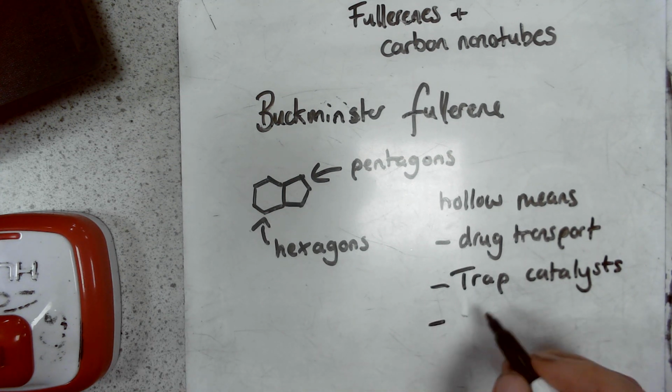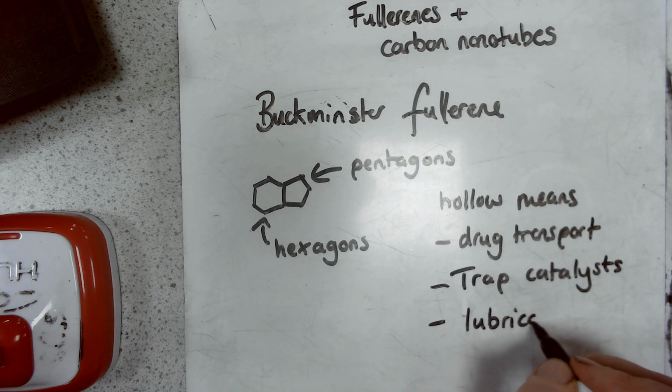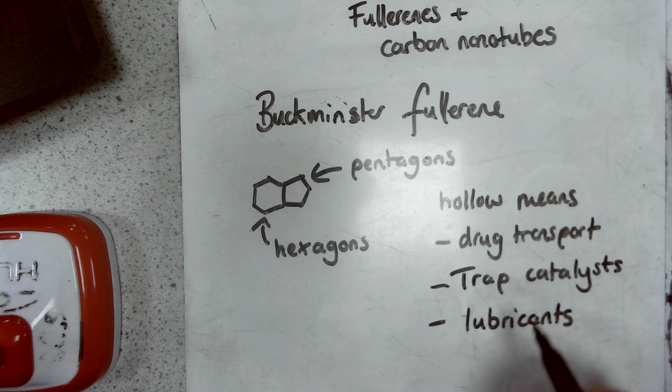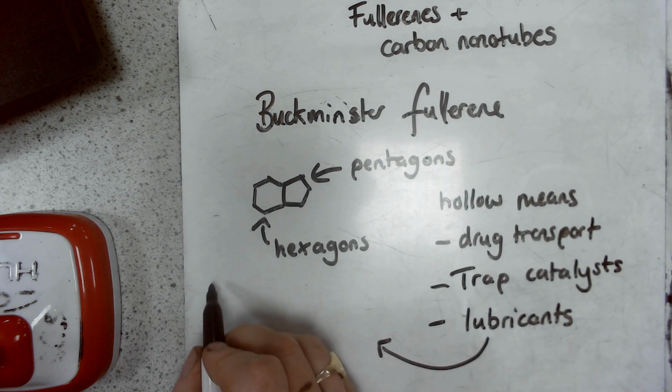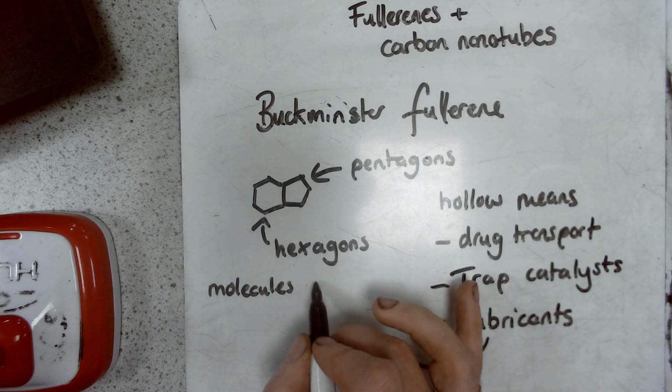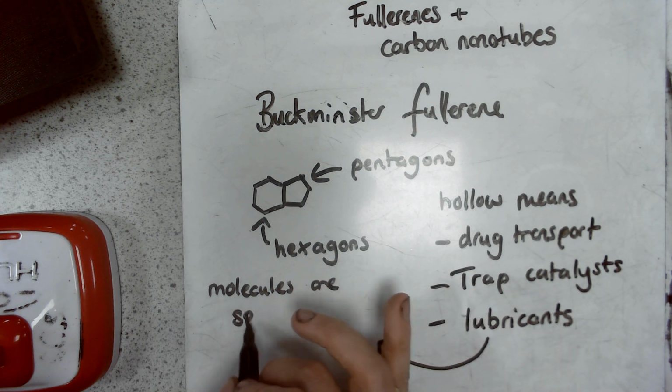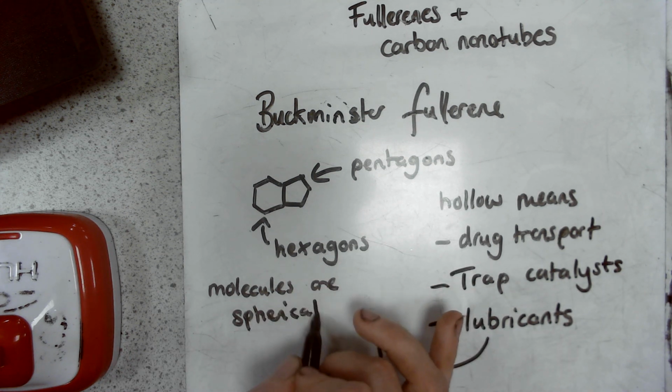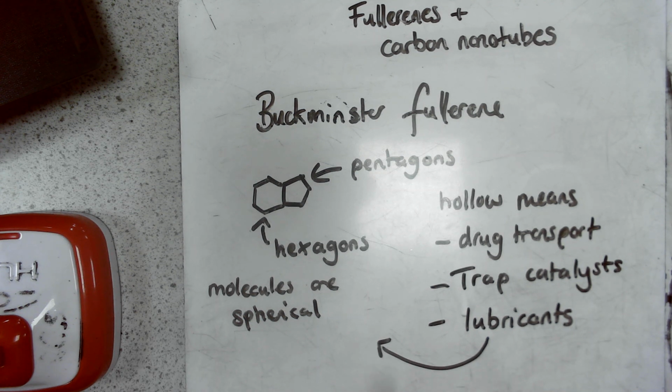And then finally, another really useful property of them is they are really good lubricants. And this one requires a little bit more thinking about to explain it. Okay, so the reason that they are such good lubricants is all to do with the fact that they are spherical. Okay, so because the molecules are spherical, they are able to roll.